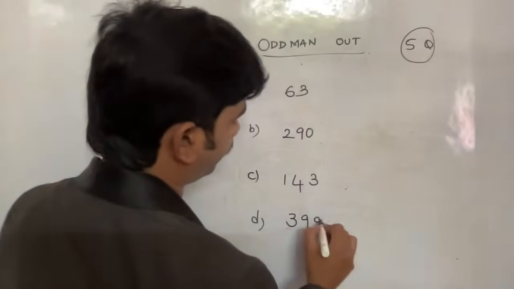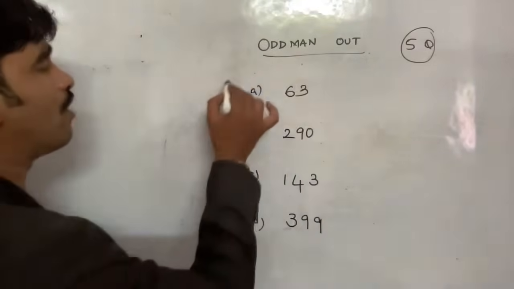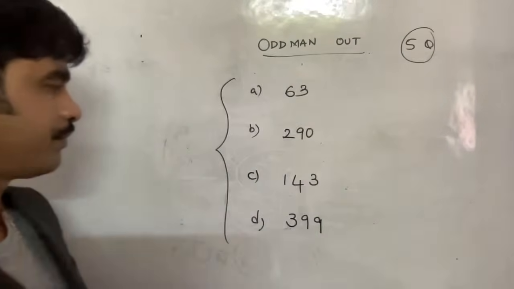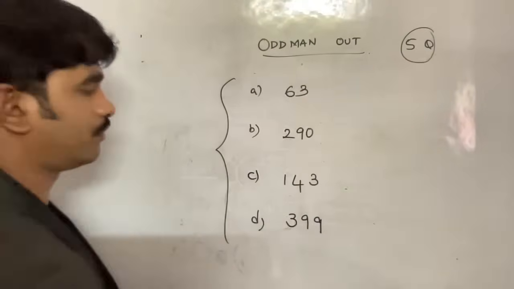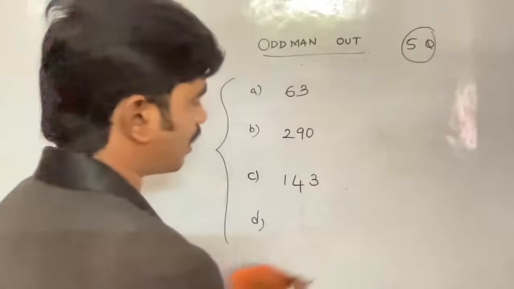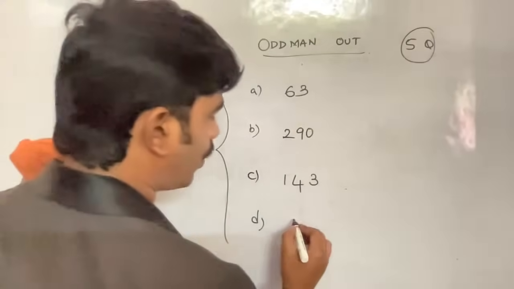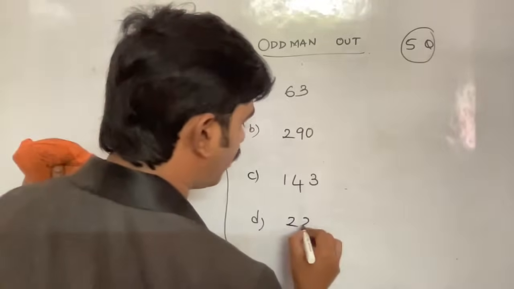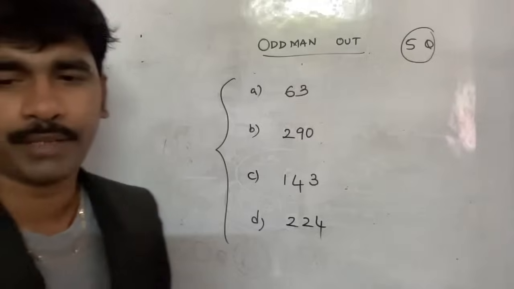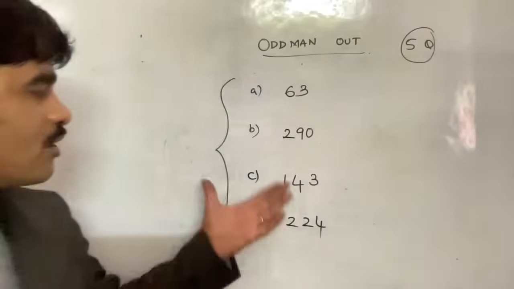What is the odd man out of these numbers? Or just wait, I will take this number as 224. Now please tell me, what is the odd man out here?